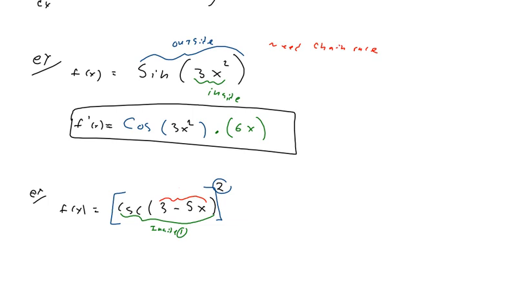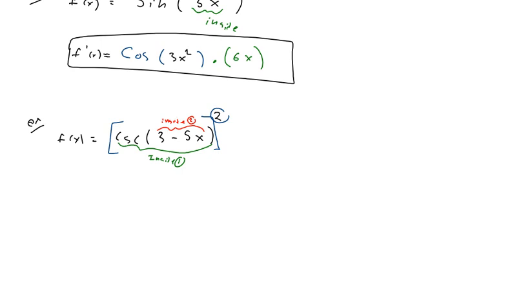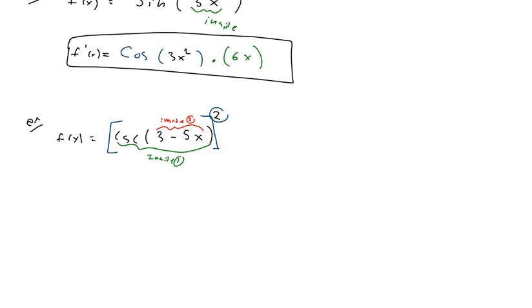Cosecant of 3 minus 5x. That's my derivative of the outside. 2 to the power, right? The power of 1.